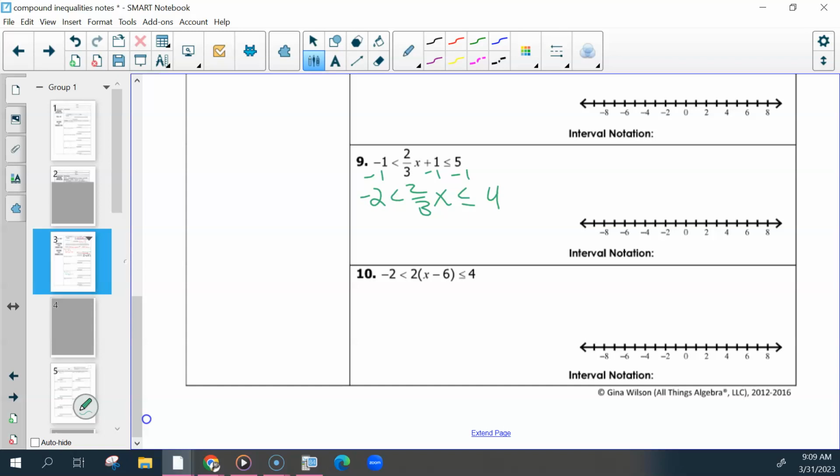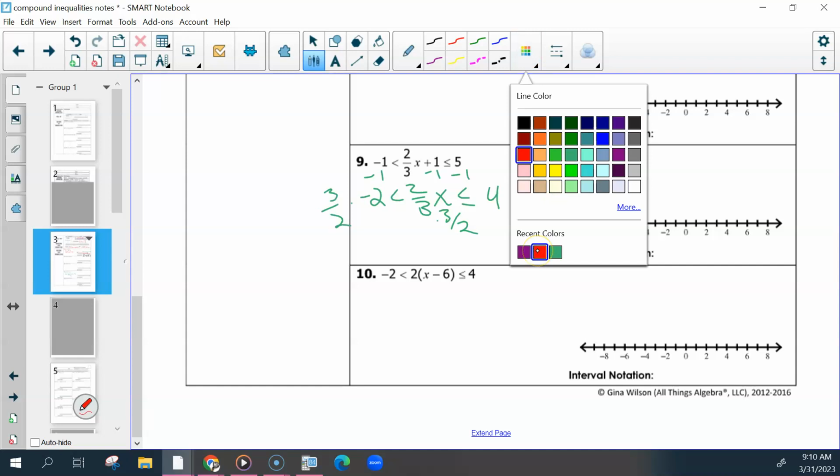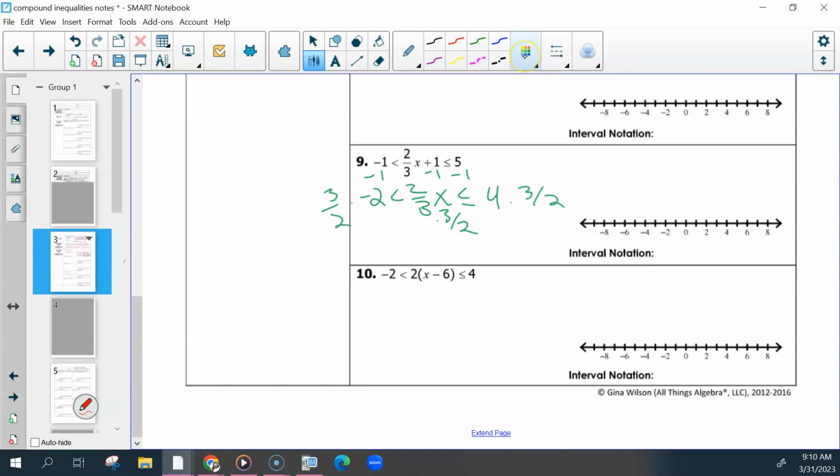Okay, so we could multiply both sides by 3 and then divide by 2, or we could do that at the same time. Multiply by the reciprocal to everything. So this would become just -3 is less than x is less than or equal to, this would become 12 over 2, so 6.